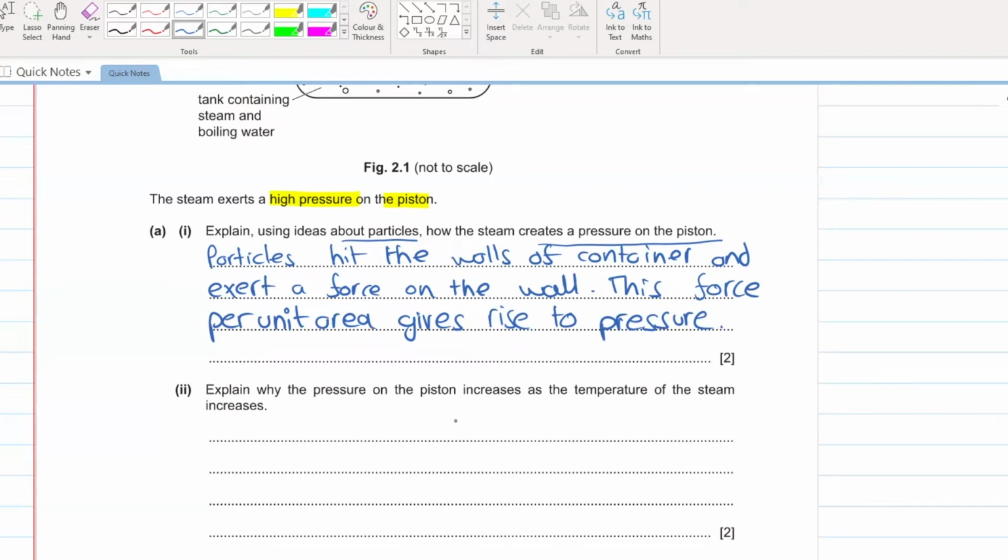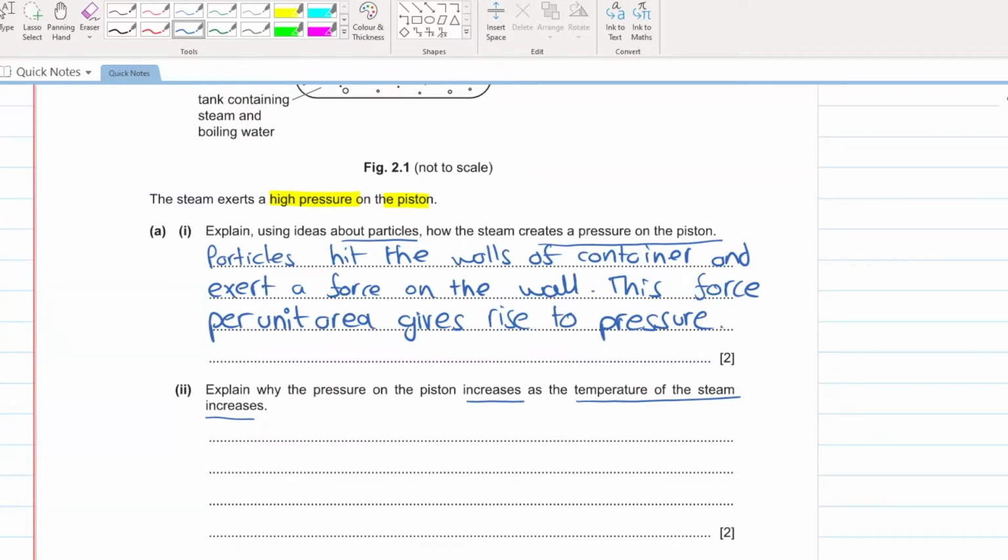Explain why the pressure on the piston increases as the temperature of the steam increases. Beta, this was also discussed in Sunday's class. Why does pressure increase as temperature increases?